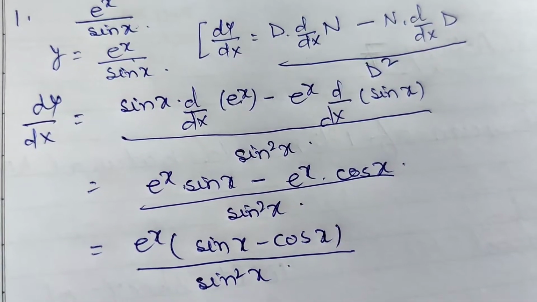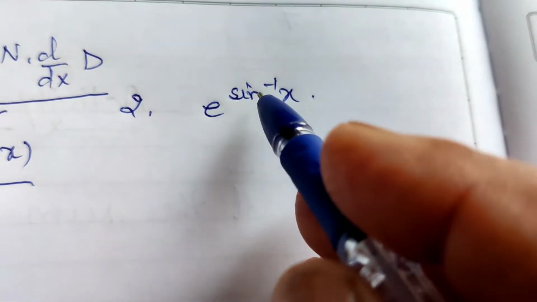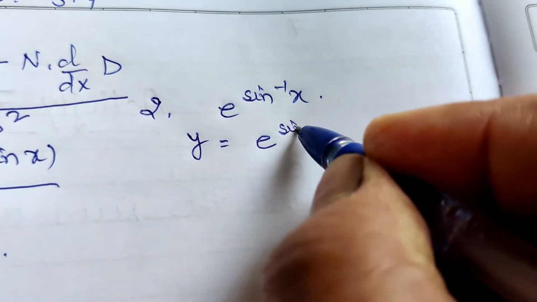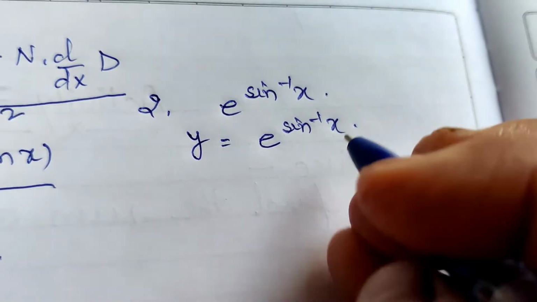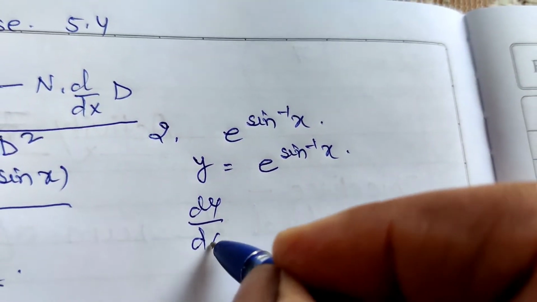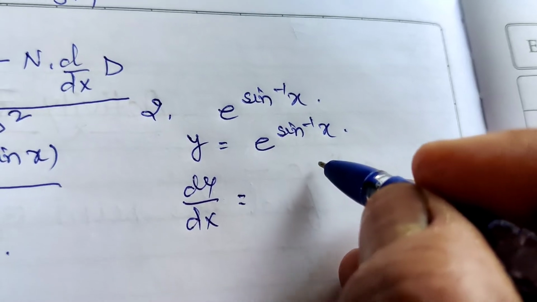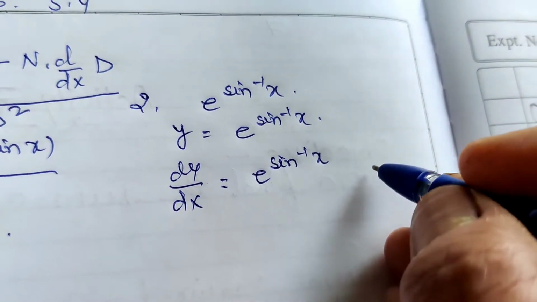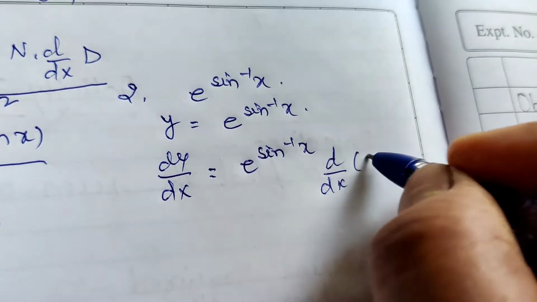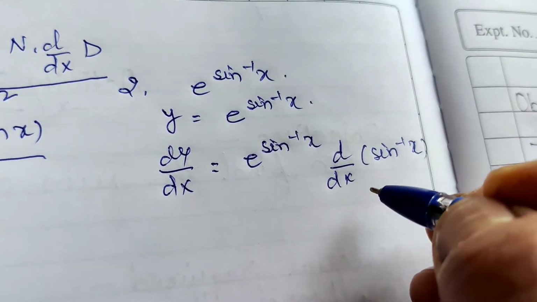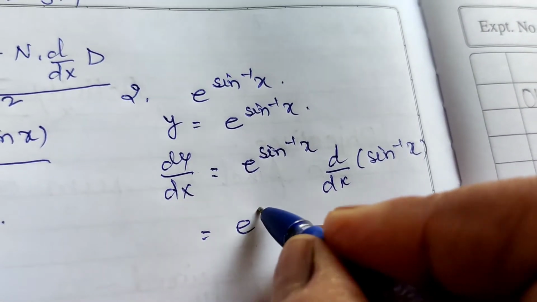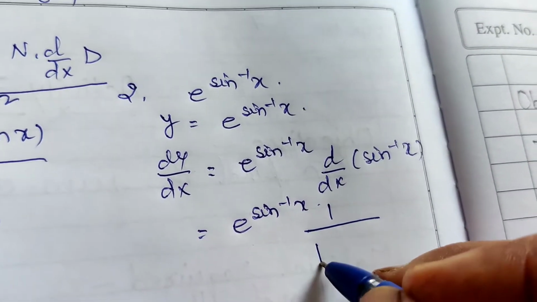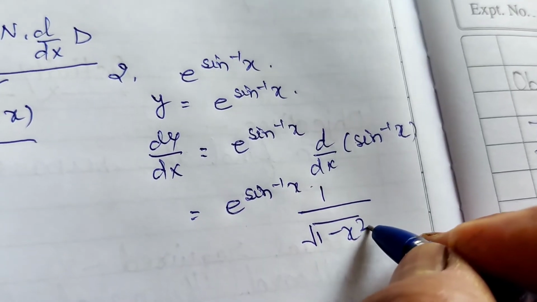Next, question number 2. The second one is e raised to power sin inverse x. Let y equal to e raised to power sin inverse x. We will differentiate with the chain rule. The differentiation of e raised to power sin inverse x is e raised to power sin inverse x, and now the differentiation of sin inverse x, which is 1 over under root 1 minus x square.